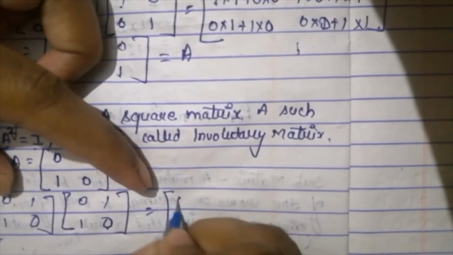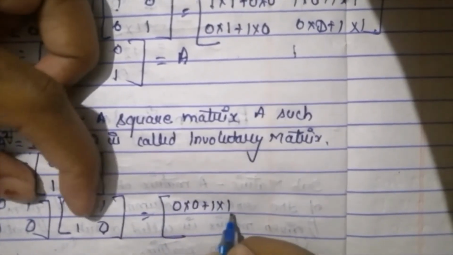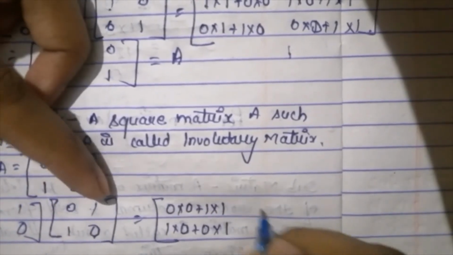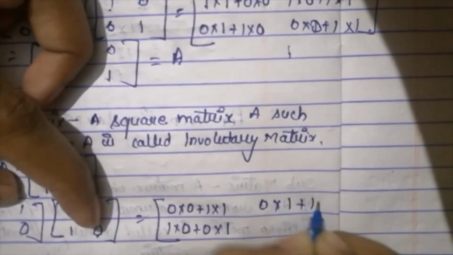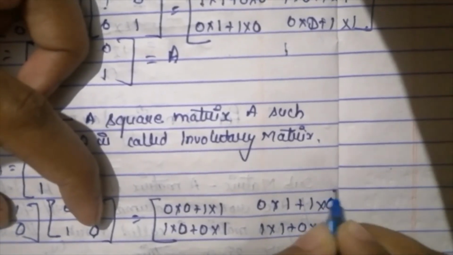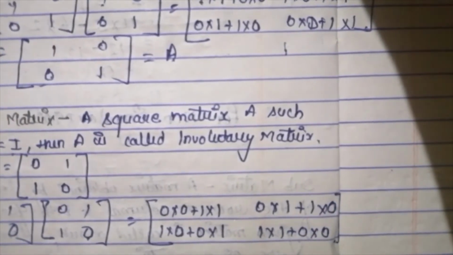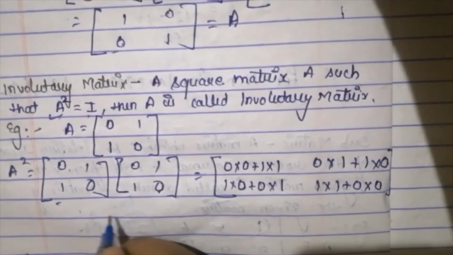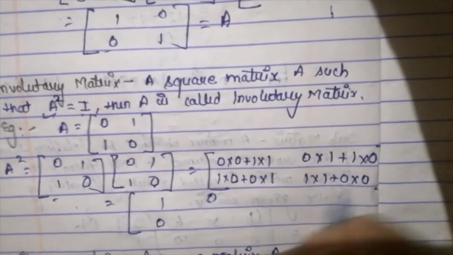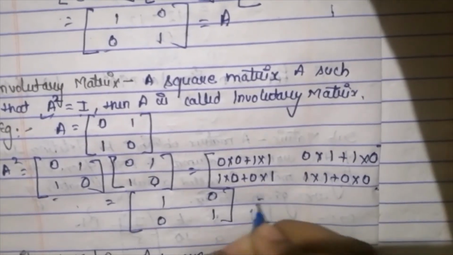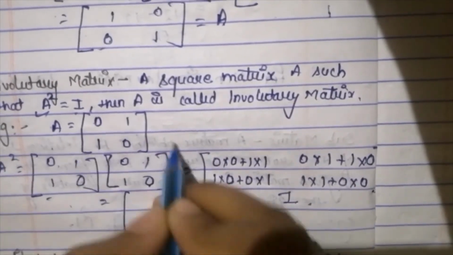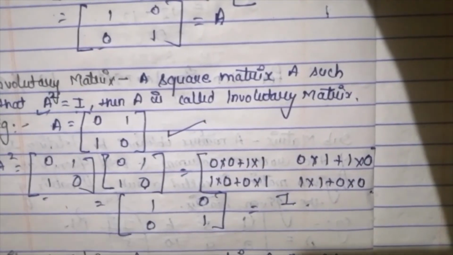Now we get 0 into 0 plus 1 into 1, 1 into 0 plus 0 into 1, 0 into 1 plus 1 into 0, 1 into 1 plus 0 into 0. So we have 1, 0, 0 and 1. This is our identity matrix. So the given matrix is an involutory matrix.